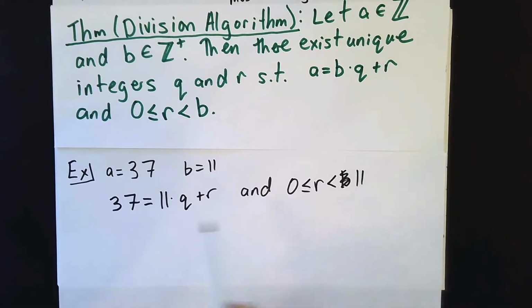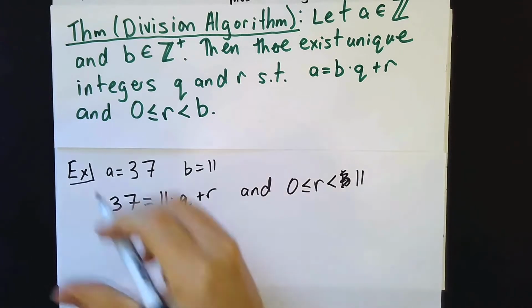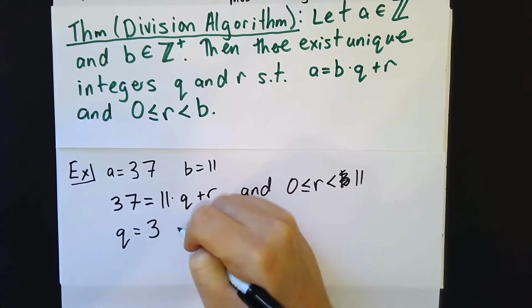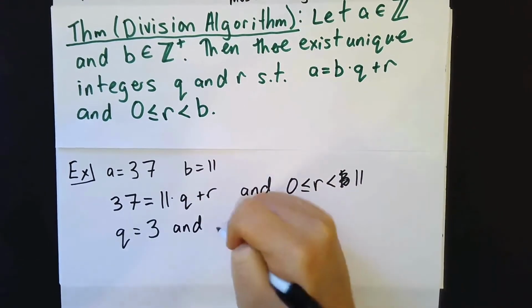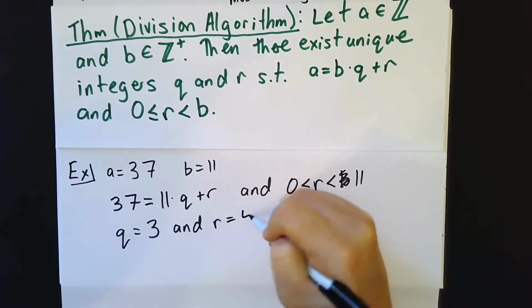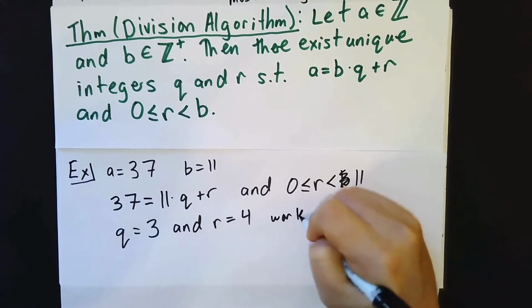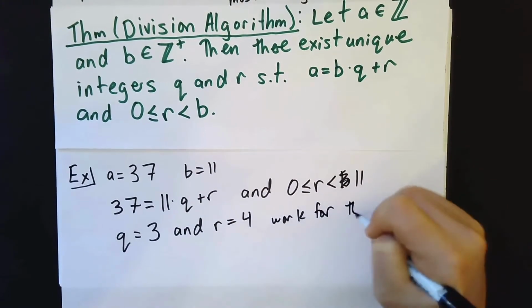So I want 11 times q plus r to be 37. I think by inspection, which is a fancy way to say I looked at it and guessed, we can find that we want q to be 3 and r to be 4, and these work for the theorem.